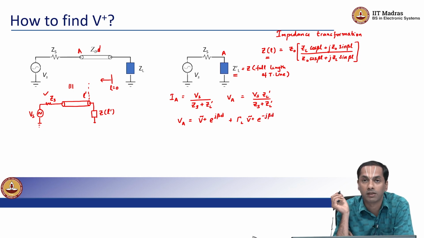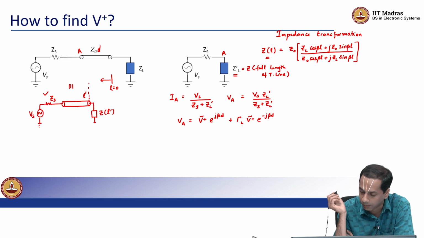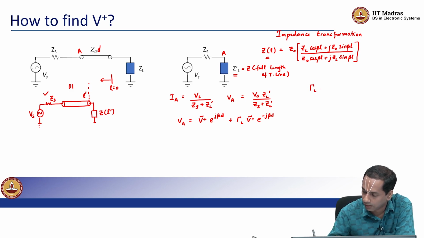So remember, gamma L can be complex, and gamma L is simply the reflection coefficient estimated at the load.